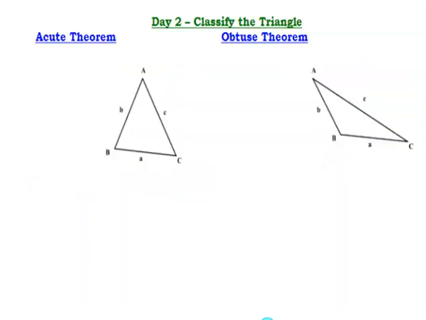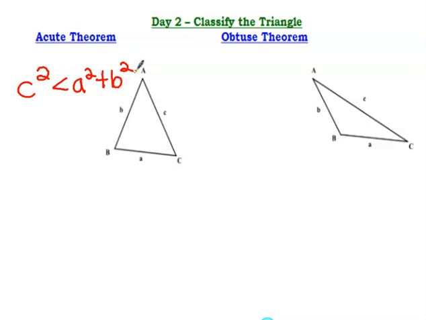Let's move on to day 2. Again, we want to remind ourselves, if it's not a right triangle, there are 2 other types of theorems. The acute theorem means that c squared is less than a squared plus b squared. In a lot of situations, we don't have a right triangle. We have maybe an acute or an obtuse triangle.